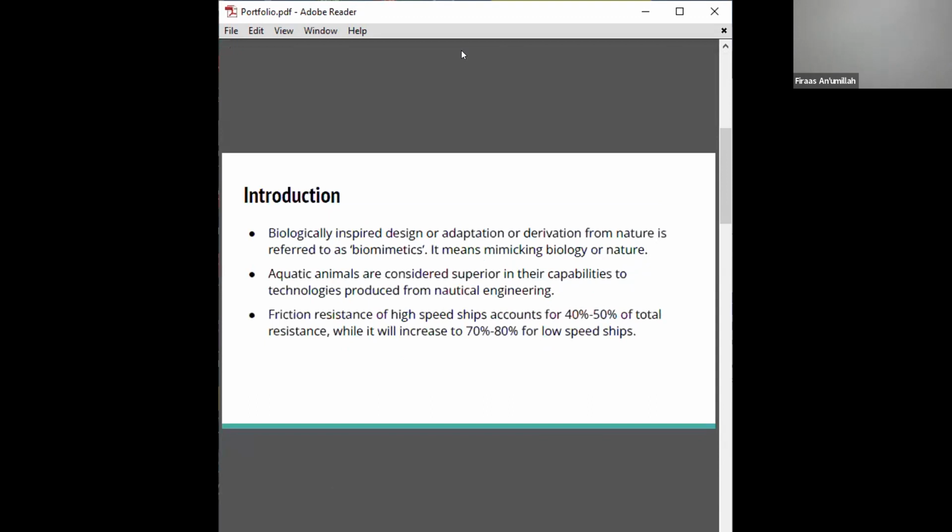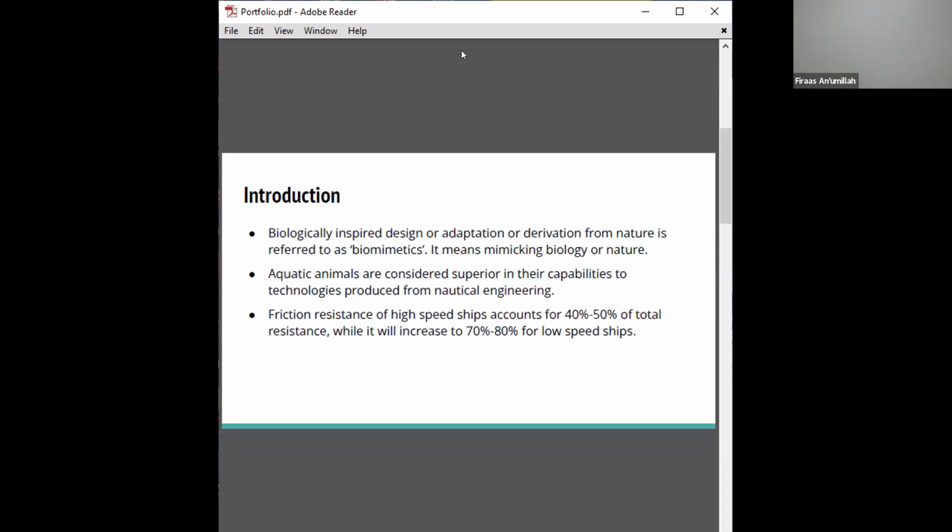First, biologically inspired design or adaptation or derivation from nature is referred to as biomimetics. It means mimicking biology or nature. And then aquatic animals are considered superior in their capability to technologies produced from nautical engineering.